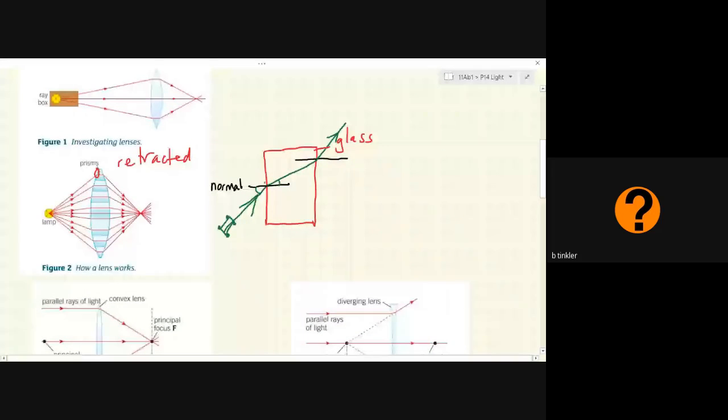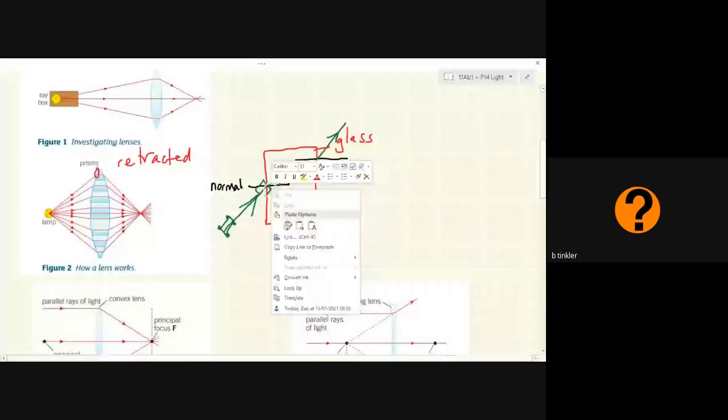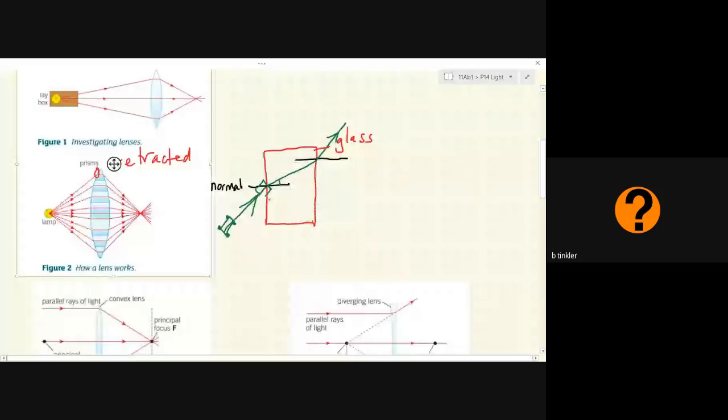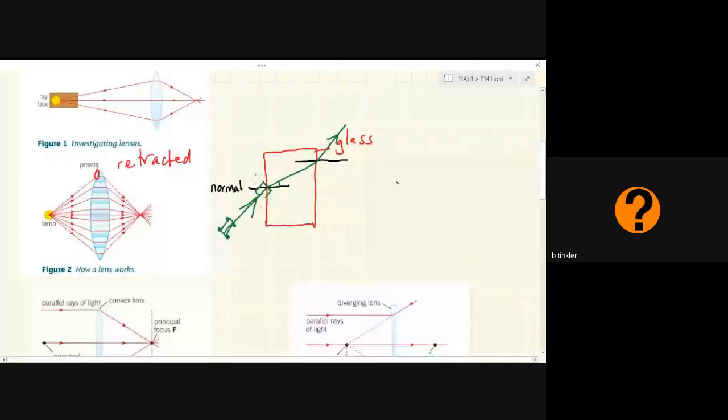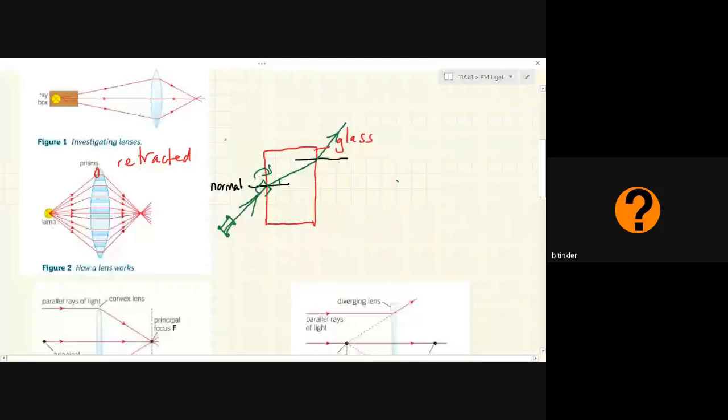As that car enters the glass, it would be like the car entering a muddy patch. One of the wheels slows down, this one, and that would cause the car to skid inwards and bend.